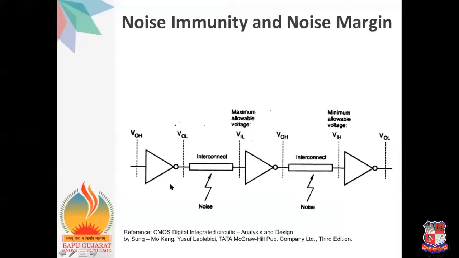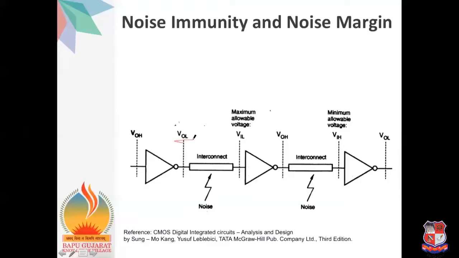To illustrate the effect of noise, we consider this circuit. We assume that all three inverters are identical, and that the input voltage of the first inverter is equal to VOH, which means logic 1. By definition, the output voltage of the first inverter will be equal to VOL, corresponding to the logic 0 level.